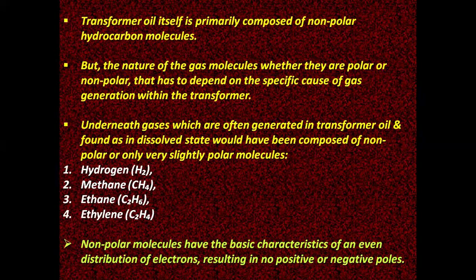Transformer oil itself is primarily composed of nonpolar hydrocarbon molecules. But the nature of the gas molecules, whether they are polar or nonpolar, depends on the specific cause of gas generation within the transformer.